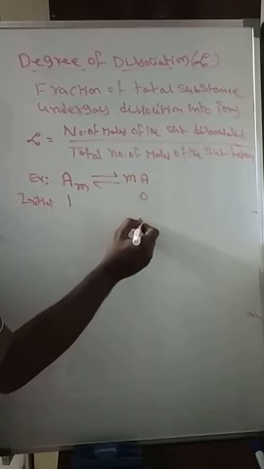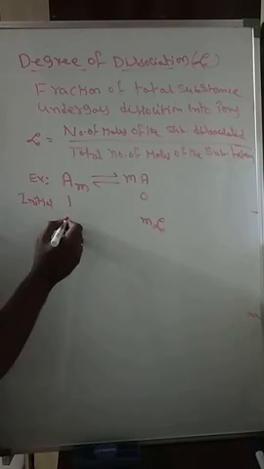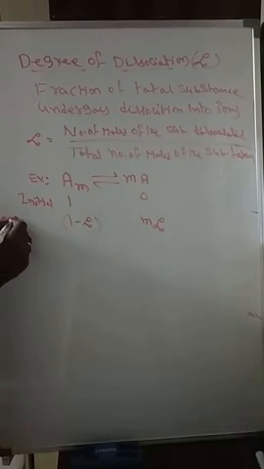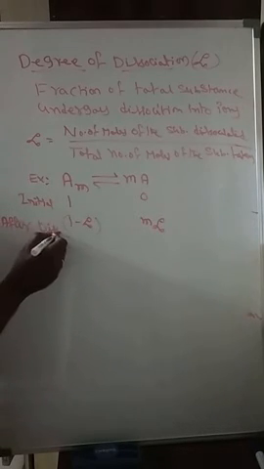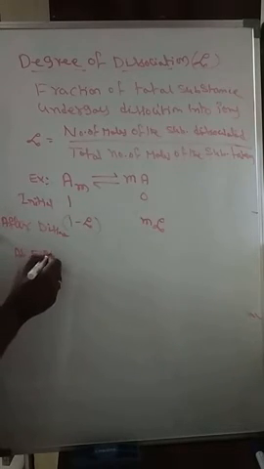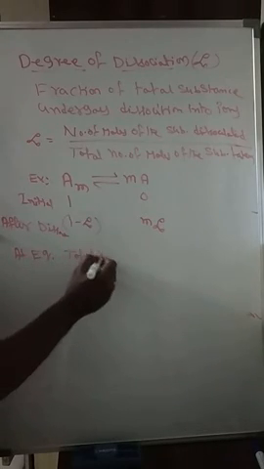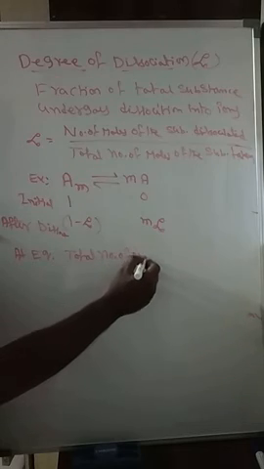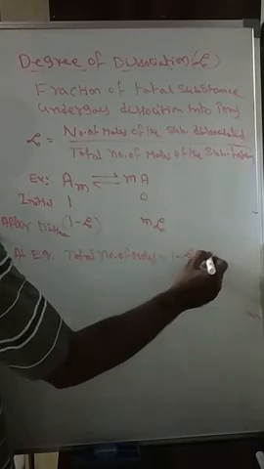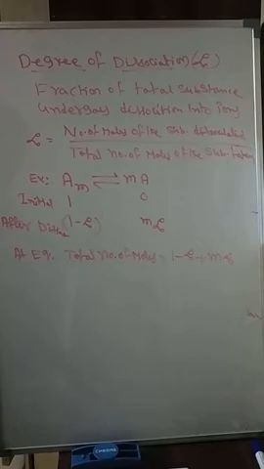After dissociation, it forms m alpha, and what remains is 1 minus alpha. This is the number of moles after dissociation. At equilibrium, the total number of moles is 1 minus alpha plus m alpha.